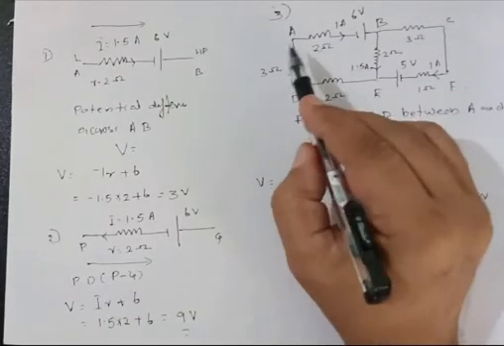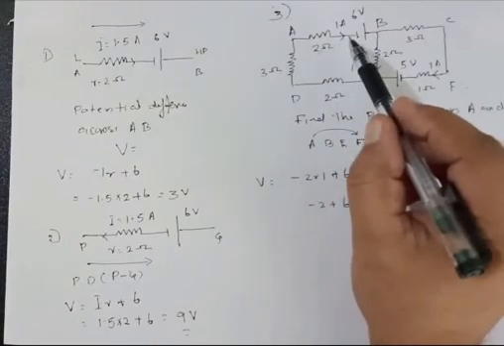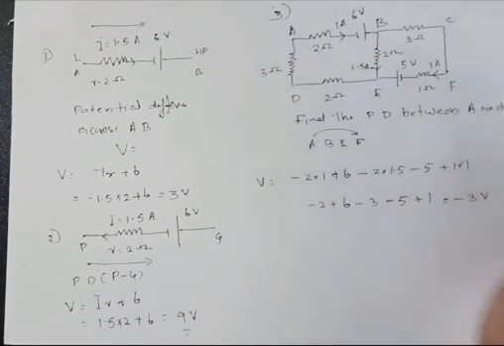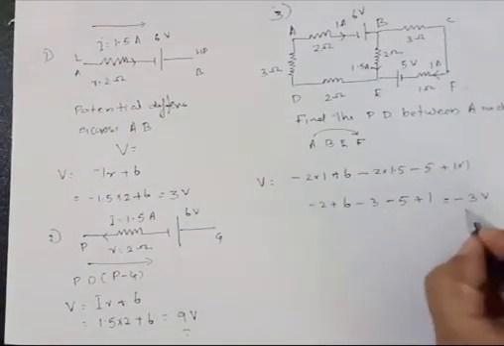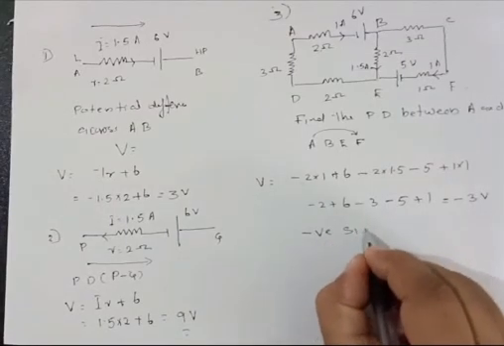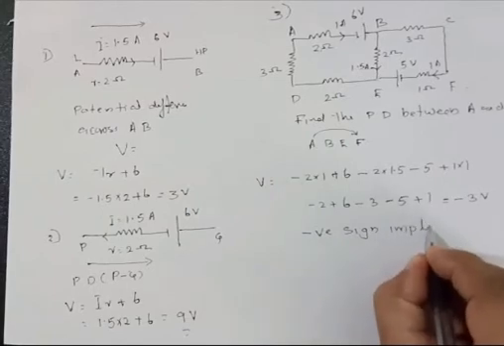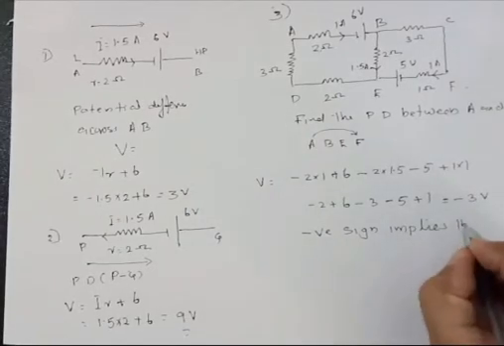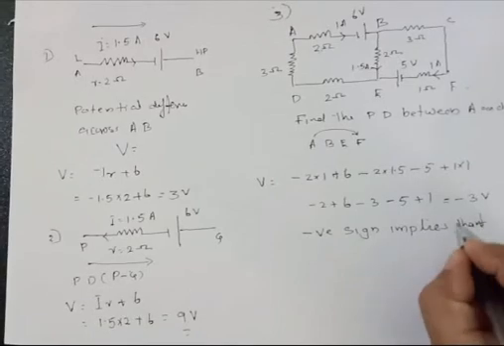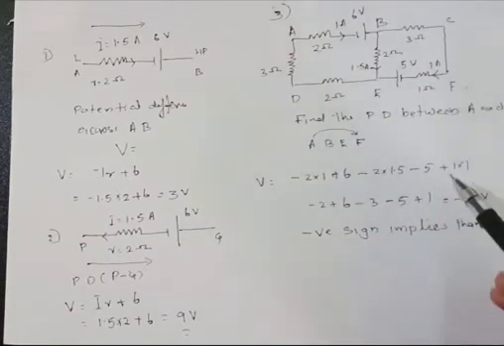So you are taking the measurement from A to F, and you should realize that because you get a negative sign, it implies that compared to A, F is at a lower potential.